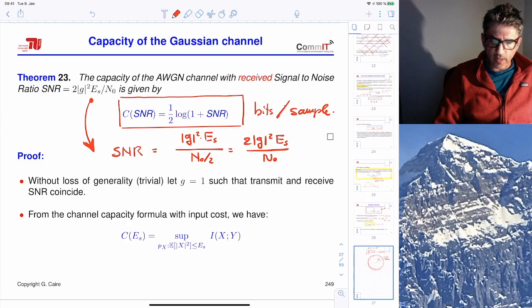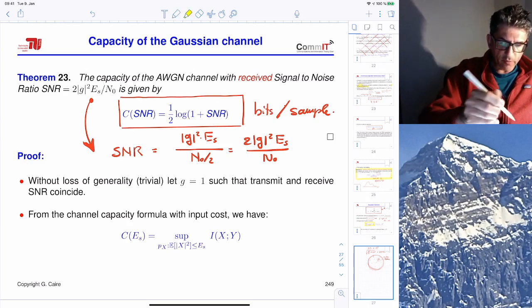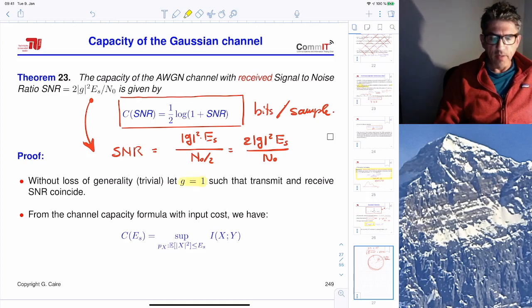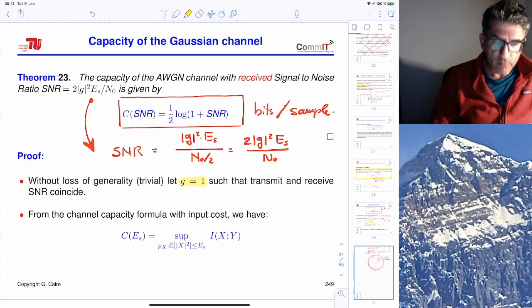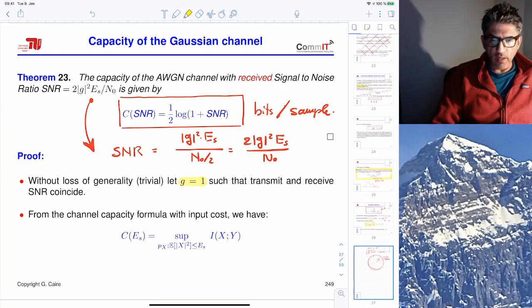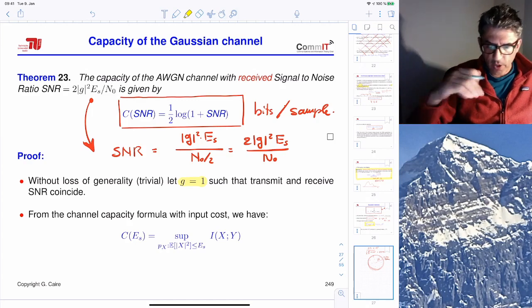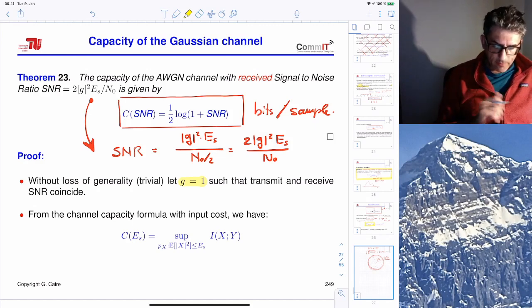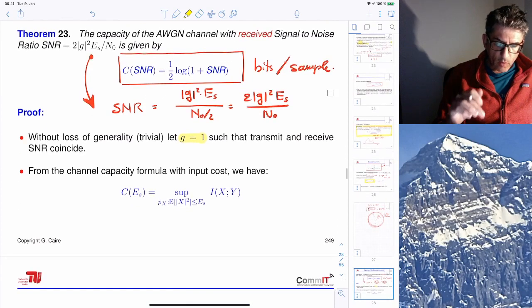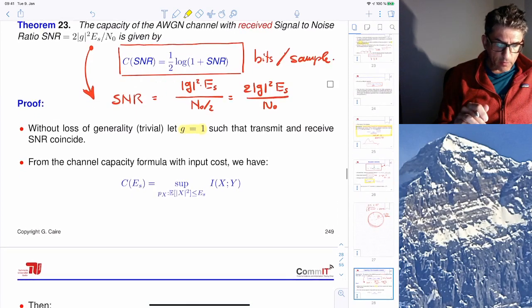So without loss of generality, you understand that we can prove everything for g equal to 1, so unit gain, and then simply rescale the signal-to-noise ratio according to the gain of the channel, so the attenuation that the signal is going through in the channel. That's not a problem. And this simplifies the notation a little bit. So we want to prove this formula.